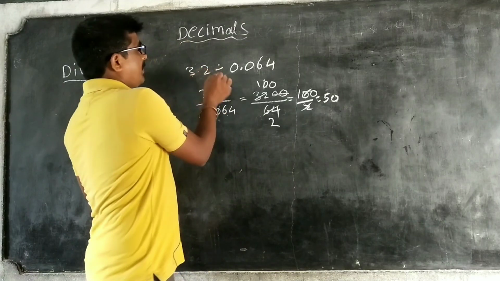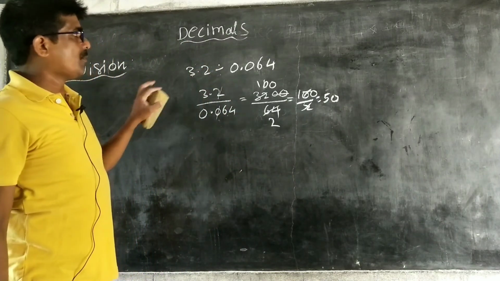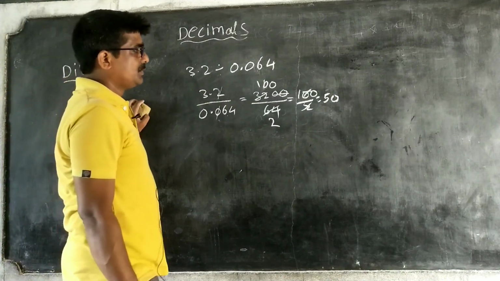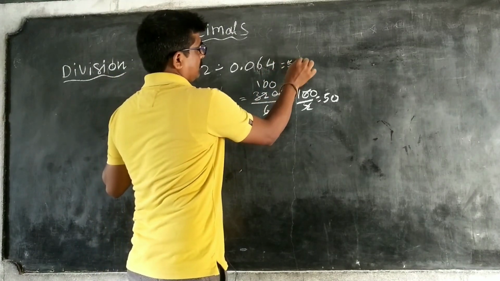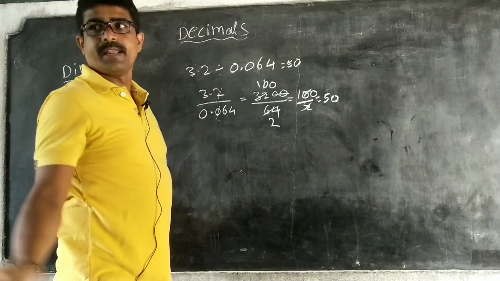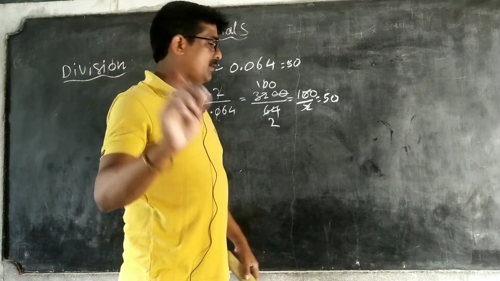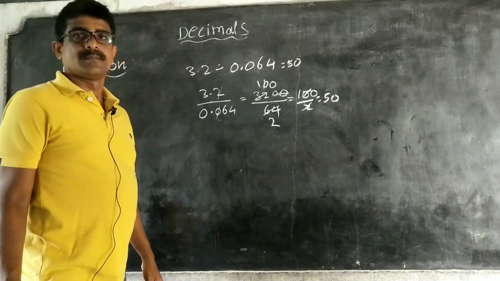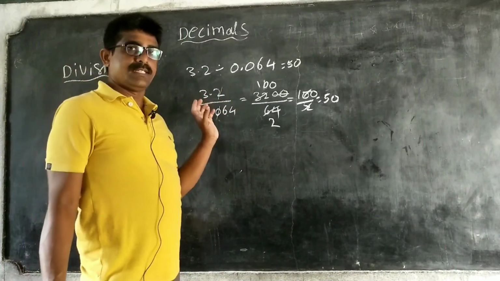Okay. 3.2 divided by 0.064 is equal to 50. Okay. This is for another example. Okay. This is for division.